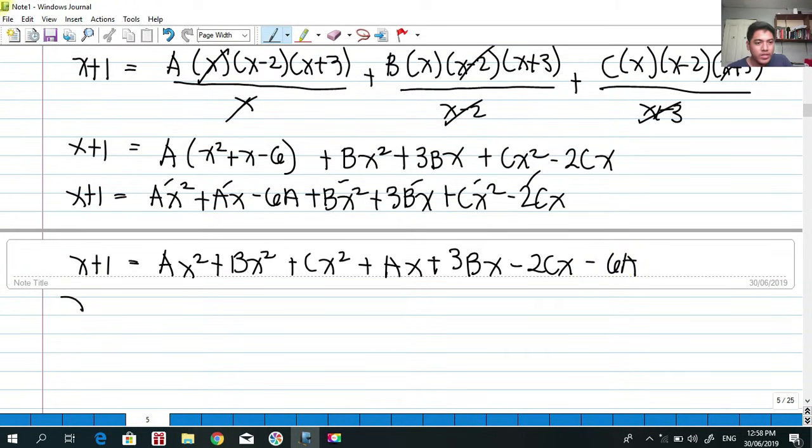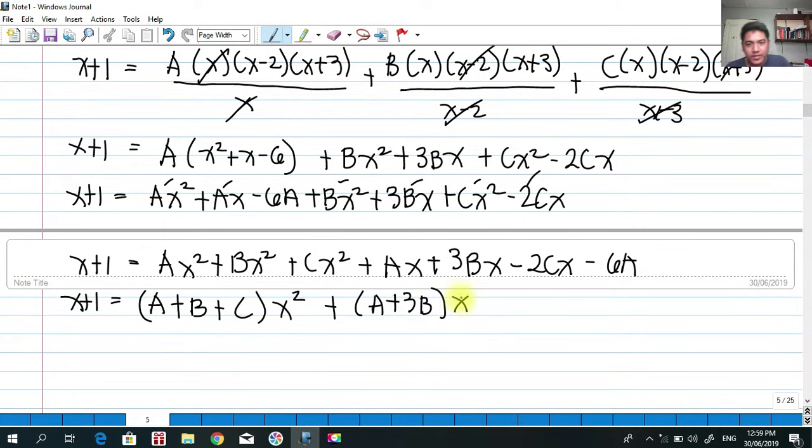So what we are going to do is factor out the x squared. So we have a plus b plus c times x squared, plus a plus 3b minus 2c times x, minus 6a.